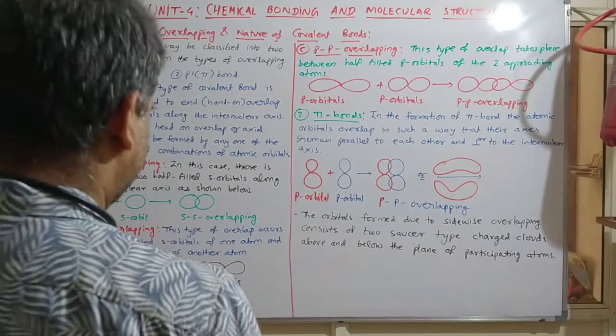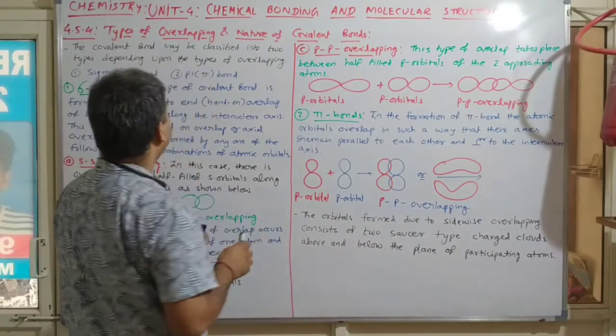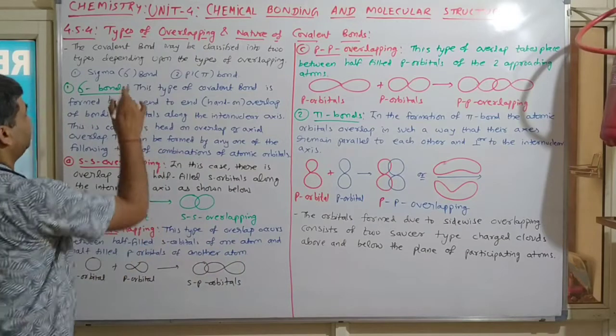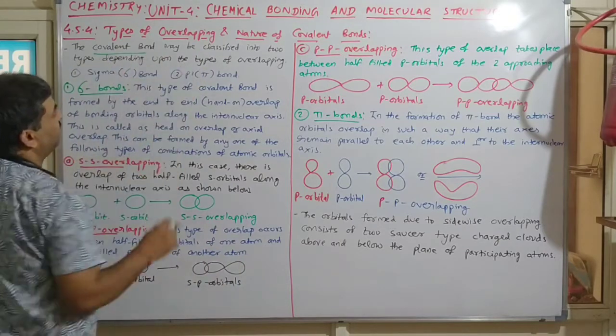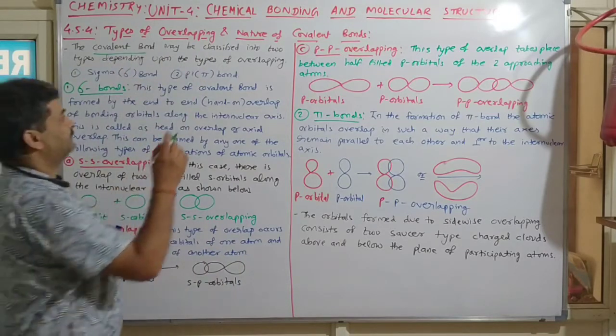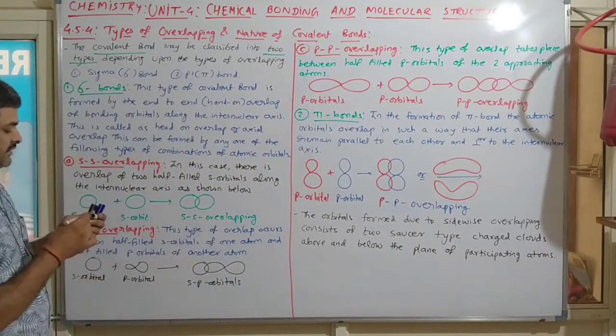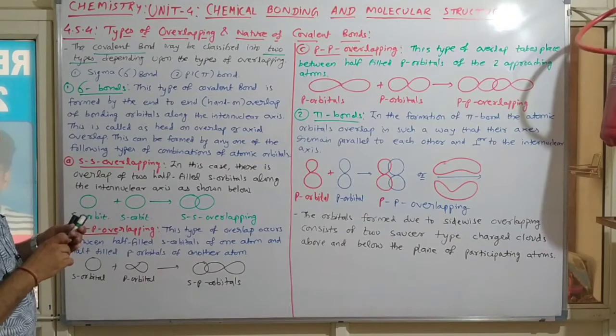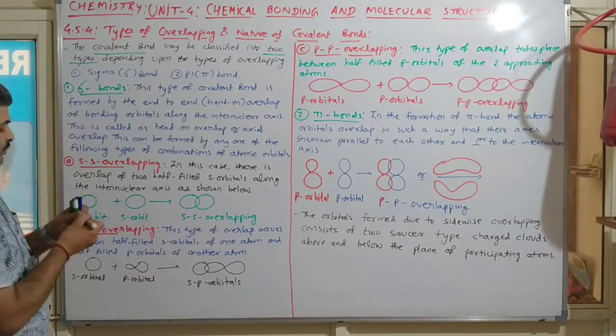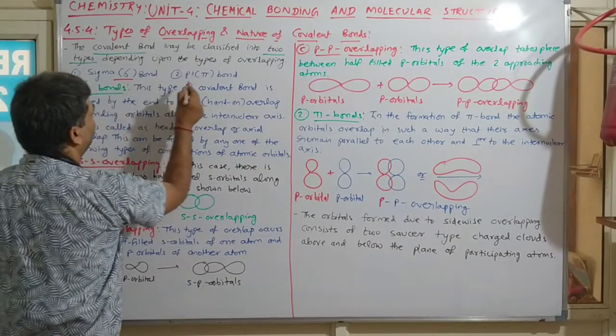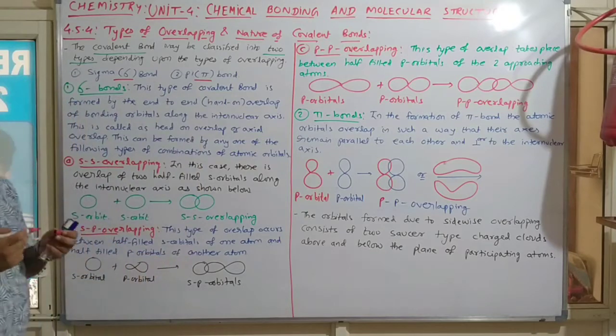Clear? For example, types of overlapping and nature of covalent bond. You see, the covalent bond may be classified into 2 types depending upon the types of overlapping. One is sigma bond, and second one is pi bond. So what is sigma bond?